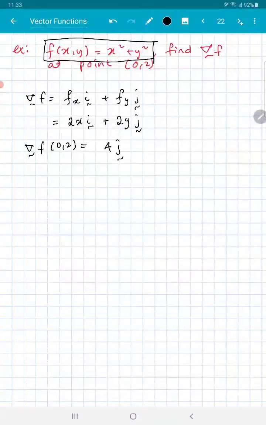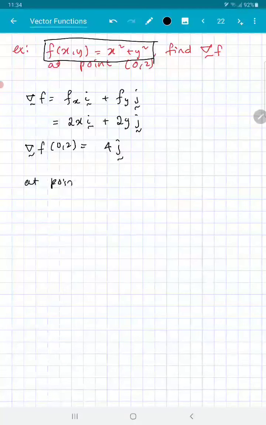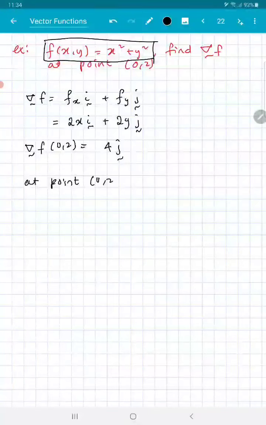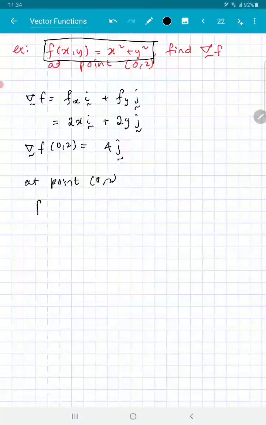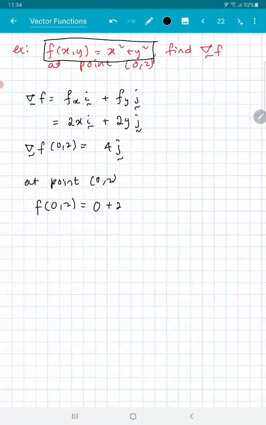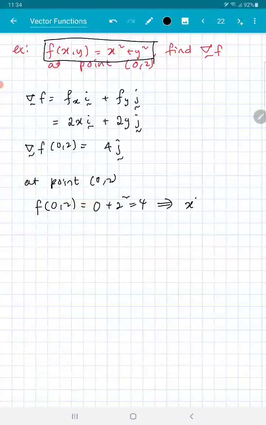4j. Okay. Alright, now I'm going to do a little sketching here so that we can understand what the gradient of f or del of f means. Okay, now at point (0, 2), our function is equal to 0 plus 2 squared, which is 4, which means that what we have is x squared plus y squared equals 4.